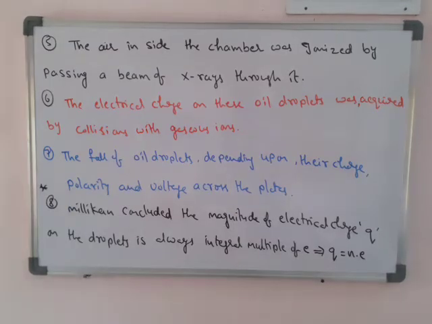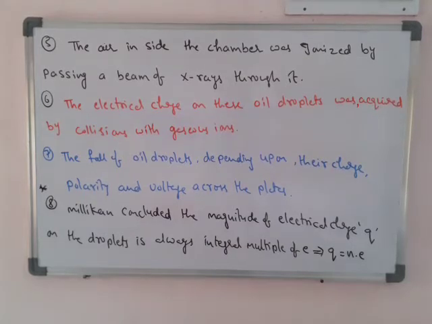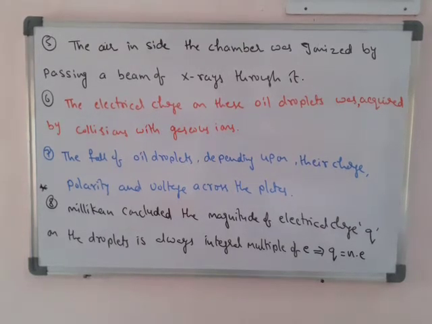After passing X-rays into the chamber, the air gets ionized. The charge obtained by the droplets is due to collisions with gaseous ions ionized by the passage of X-rays.